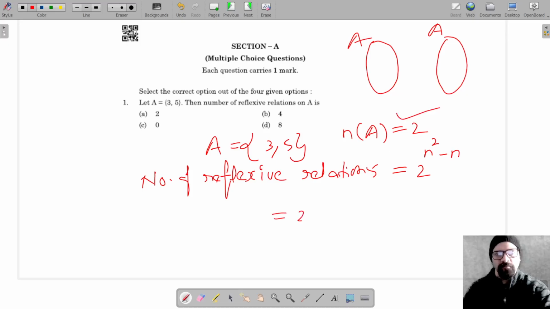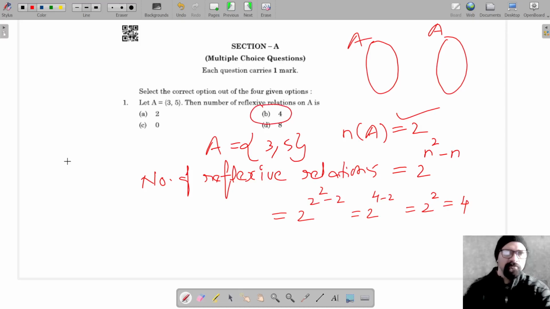So let's put 2 in here. This is 2 raised to the power 2 square minus 2, so 2 square is 4, 4 minus 2 is 2, so 2 square is 4, which is the answer. That means we have to choose option B.